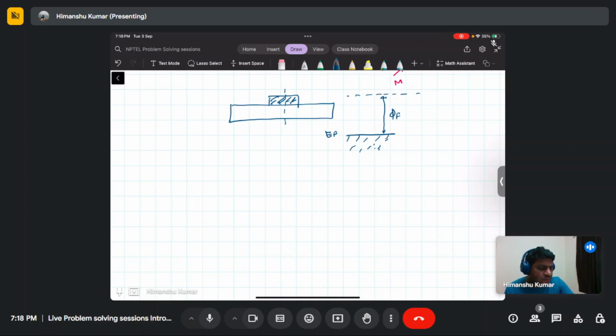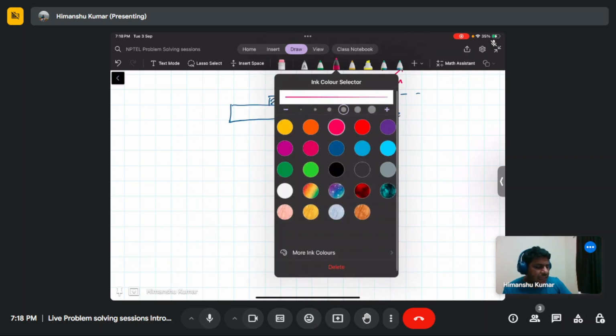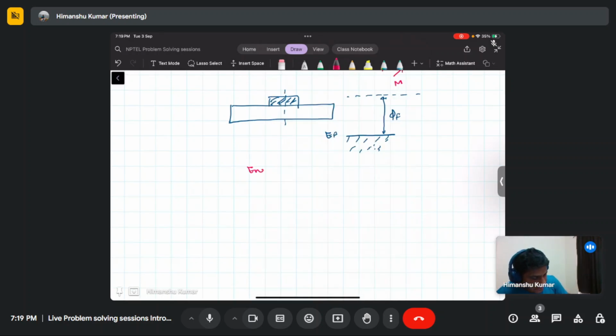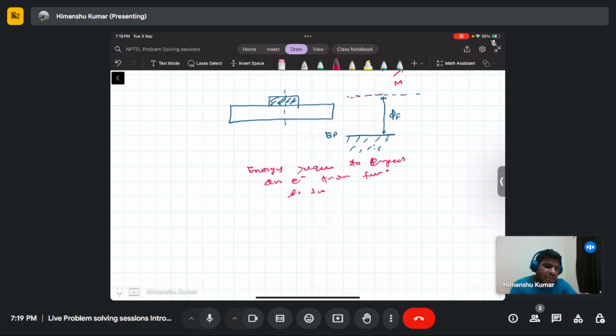The work function of the metal is defined as the energy required to eject an electron from the surface of the metal to the vacuum level. The vacuum level is where the electron has just zero kinetic energy.